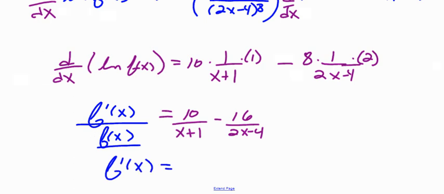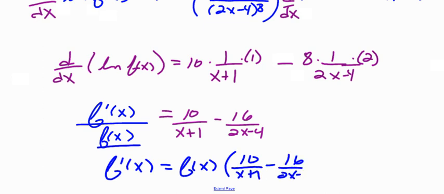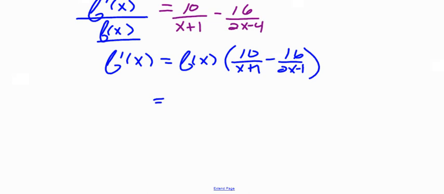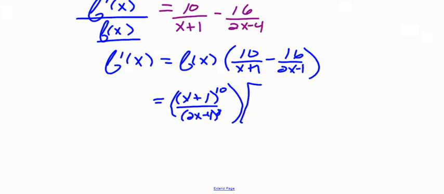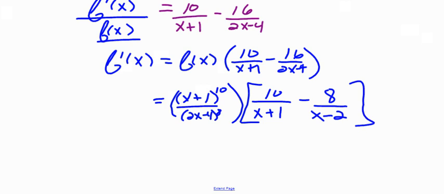And then I'm going to substitute in, eventually, the original function for f of x. And I've got x plus 1 to the 10th power over 2x minus 4 to the 8th power. And I'm multiplying this inside, where I'm going to simplify this second term to, I believe it's 8 over, and this was a 4, 8 x minus 2. And there's my answer for this one.